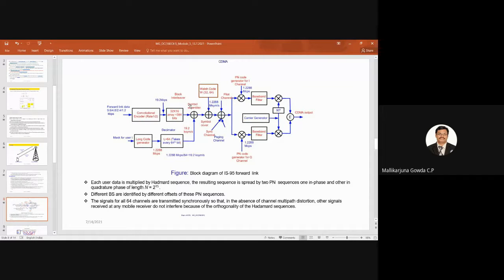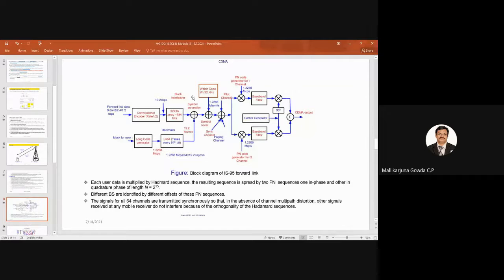As I said, the output of the convolutional encoder is maintained at 19.2 kbps, which is a constant rate. So the encoded bits for each frame are passed through this block interleaver, which will overcome the effects of burst errors that may occur in transmission through the channel.